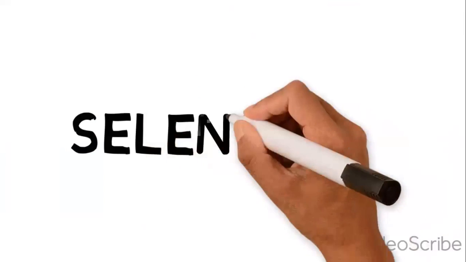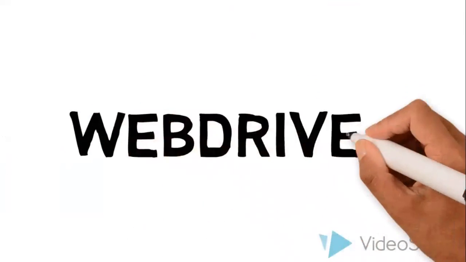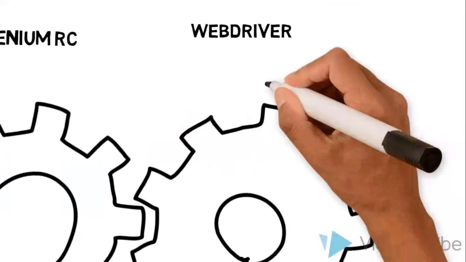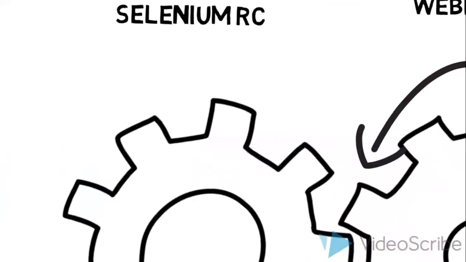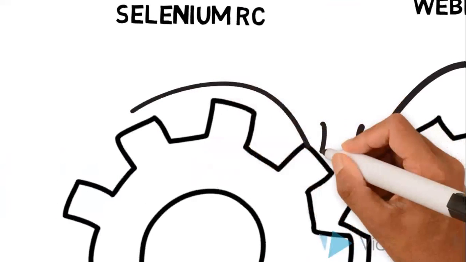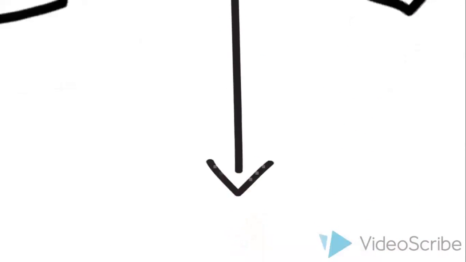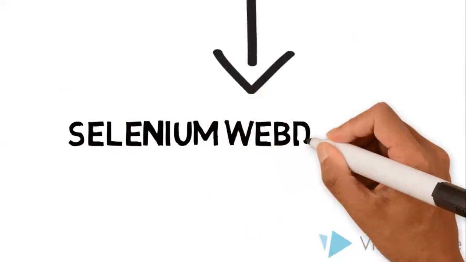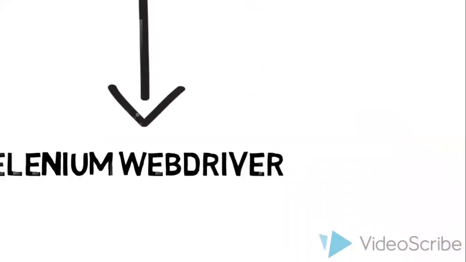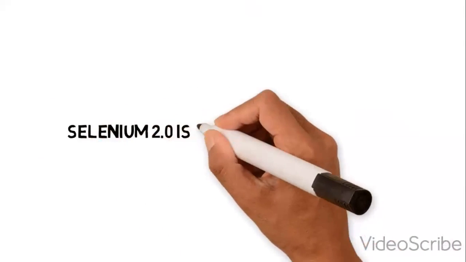Now, I would like to bring a point to your notice about Selenium WebDriver. There were two different projects that were running in parallel. One was Selenium RC, the other was WebDriver. These were two different projects altogether. So people thought these two projects should be merged to get the best advantage. So that's how WebDriver and Selenium RC projects were merged, and a new concept or new tool was born called Selenium WebDriver.